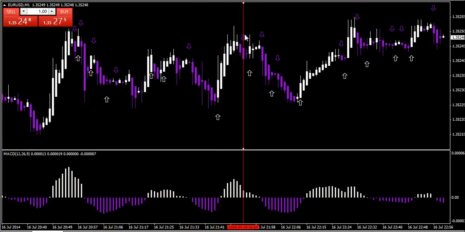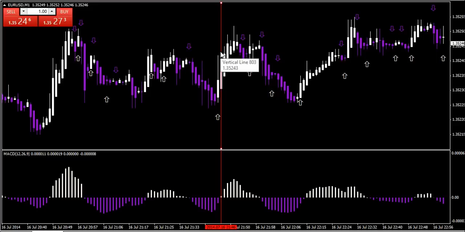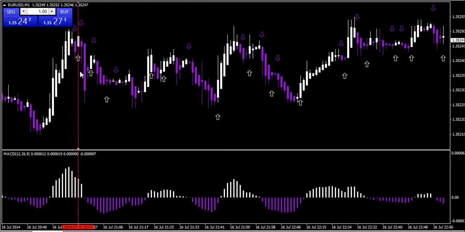Also right here you can see there's a series of up candles, and then we have a selling signal, a series of down candles, and then we have a buying signal. So we're usually not paying attention to the signals that are in between. Those tend to be false signals, so we go ahead and ignore those. So that's rule number one.